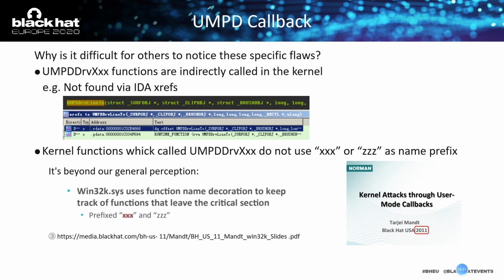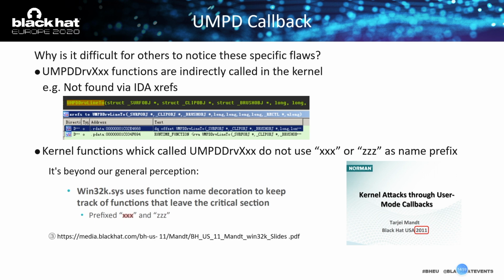The second reason, the UMPD driver functions do not use XXX or ZZZ as the prefix of the function name. The previous researchers told us the XXX functions will trigger user mode callback. Maybe we just did not consider that other situations could also trigger user mode callback.